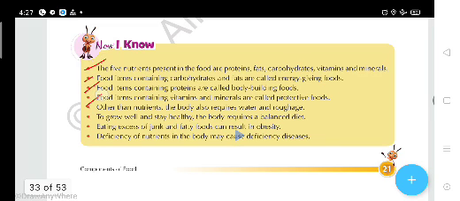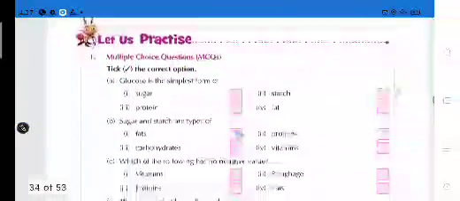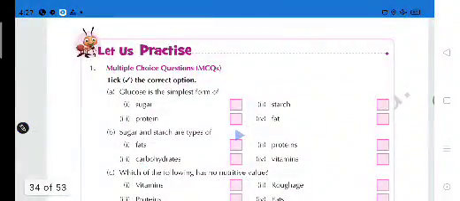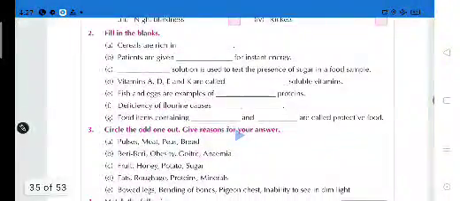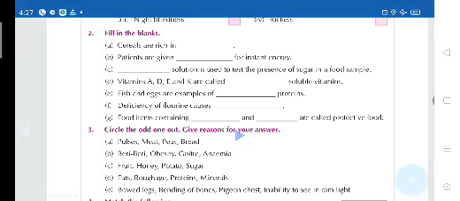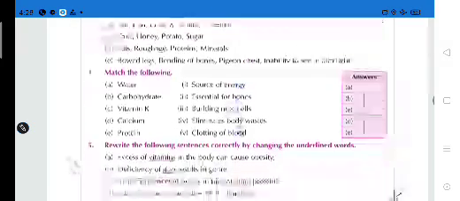You must read them one by one, and here are some questions you have to solve with the help of a pencil, MCQs. These are worksheet-based questions, like fill in the blanks and circle, match the following, and rewrite the following sentence. Okay students, the chapter has been completed.